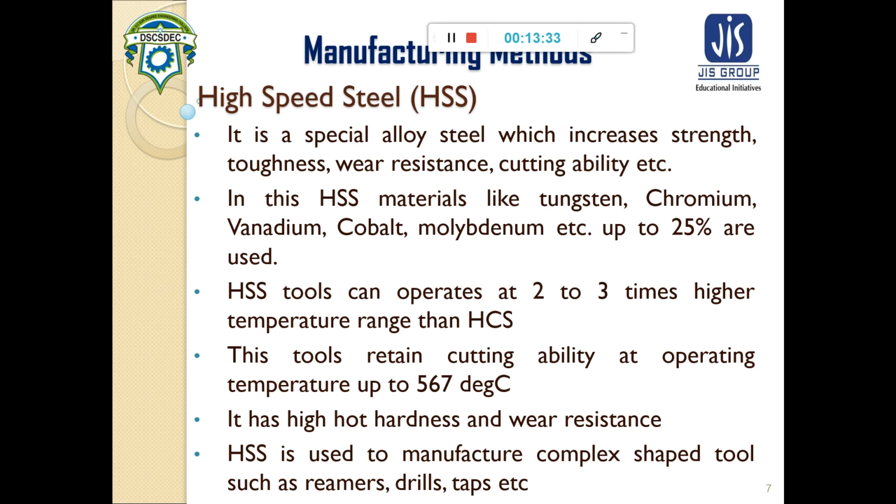High wear resistance means it can be used for a large number of parts produced. More workpieces can be machined using an HSS tool as compared to other tools. This is achieved by a property called wear resistance.